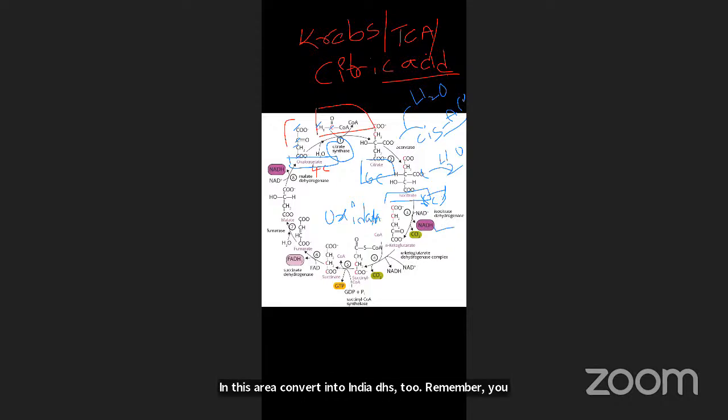The enzyme is dehydrogenase, because hydrogen is lost from this isocitrate and this hydrogen is received by NAD. It is converted into NADH2. As this hydrogen is lost from the isocitrate, it is considered dehydrogenation. Here the enzyme is dehydrogenase.